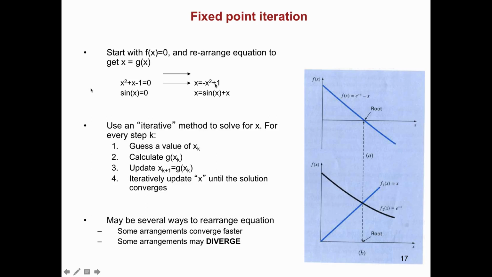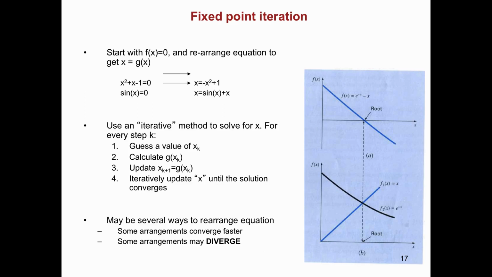And there's no single way to do that. Okay? If I had just sine x, then I could just add x on both sides. In any event, let's just go with it. Let's say that we figured out how to formulate my problem f of x equal to 0 as a problem x equal to g of x.